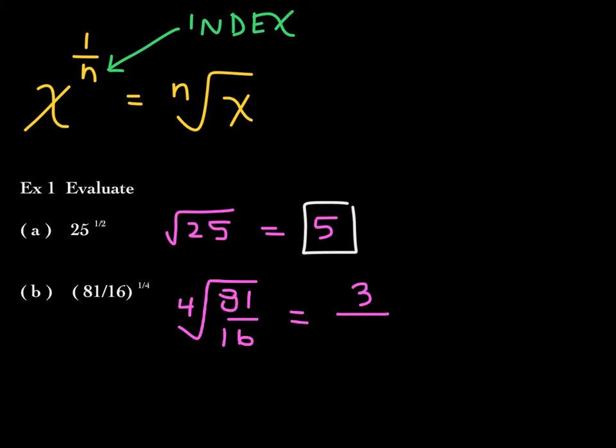The 4th root of 16 is 2. That is to say, if you raise 3 to the 4th power, you get 81, and if you raise 2 to the 4th power, you get 16. So 3/2 is the evaluation of 81 over 16 raised to the 1/4 power.